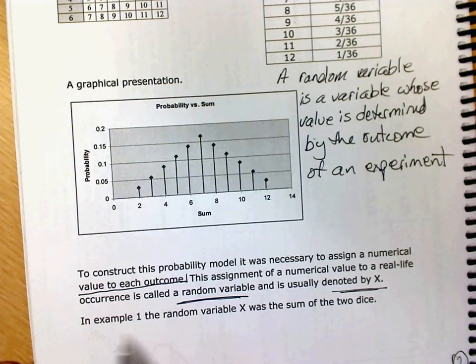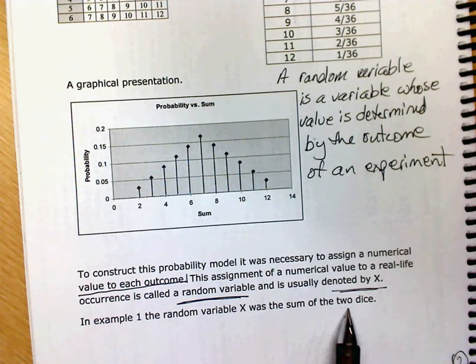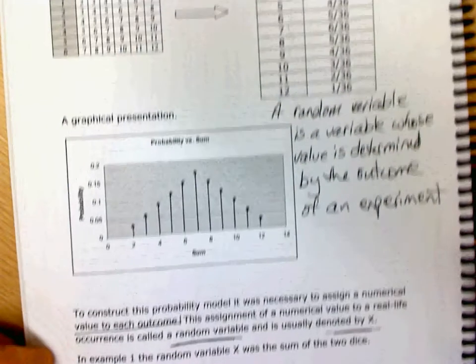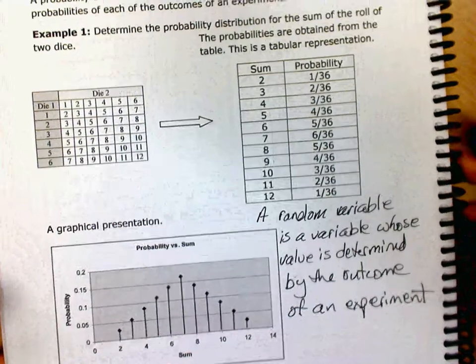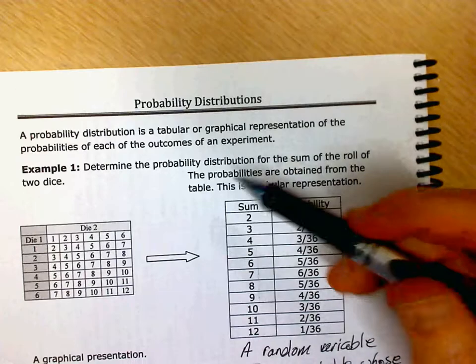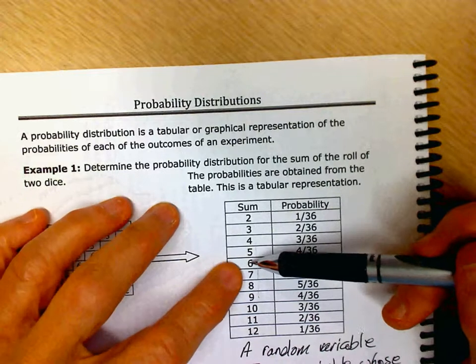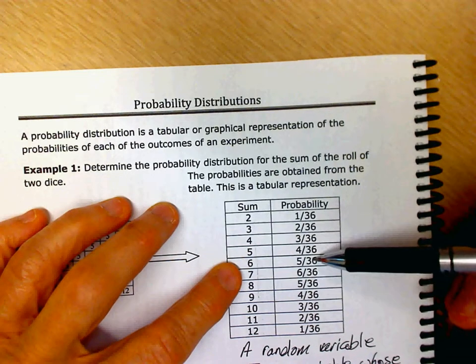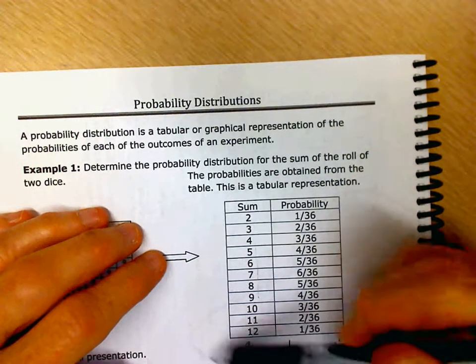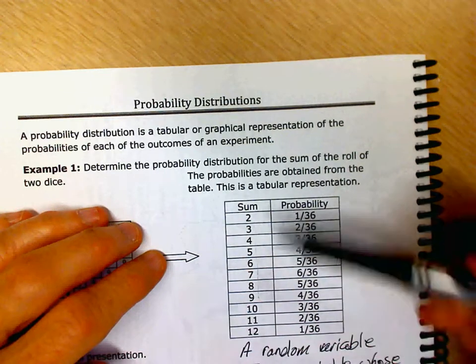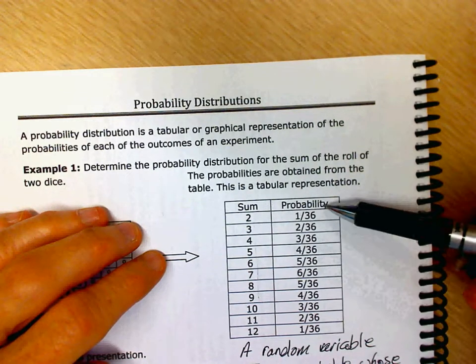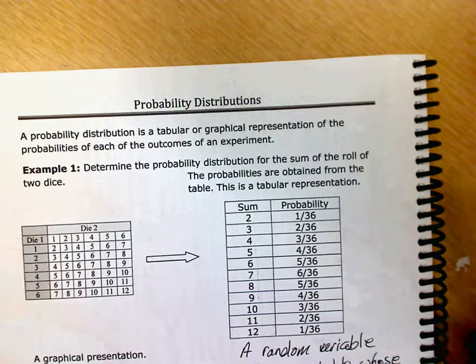In example 1, the random variable x was the sum of the two dice. The only difference between this unit and the last unit is that instead of looking at the probability of a sum of 6, we look at the entire experiment. We want to list all the outcomes with all the related probabilities.